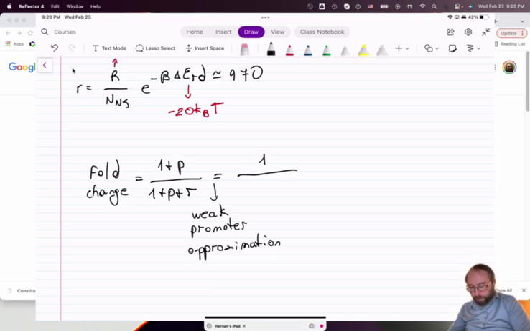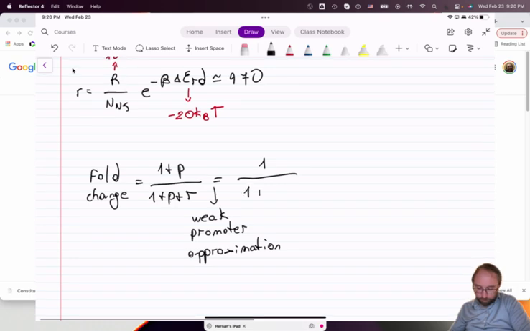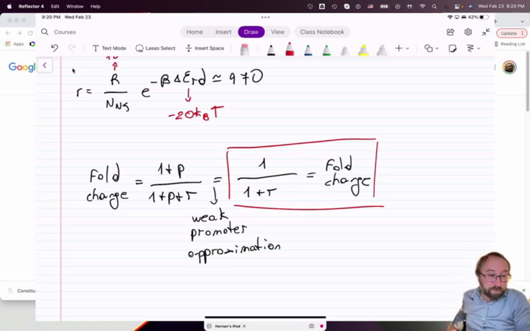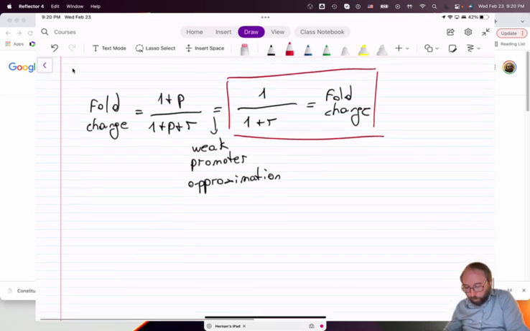And if P is much smaller than R, in the denominator we get 1 plus R. Okay, so this is the fold change. And by weak promoter, I mean a lac promoter, right? No, I don't mean the T7A1 promoter. So this formula is not necessarily true for all promoters, but it seems to be true for the promoters that are under significant regulation in E. coli. Okay, so we're done.